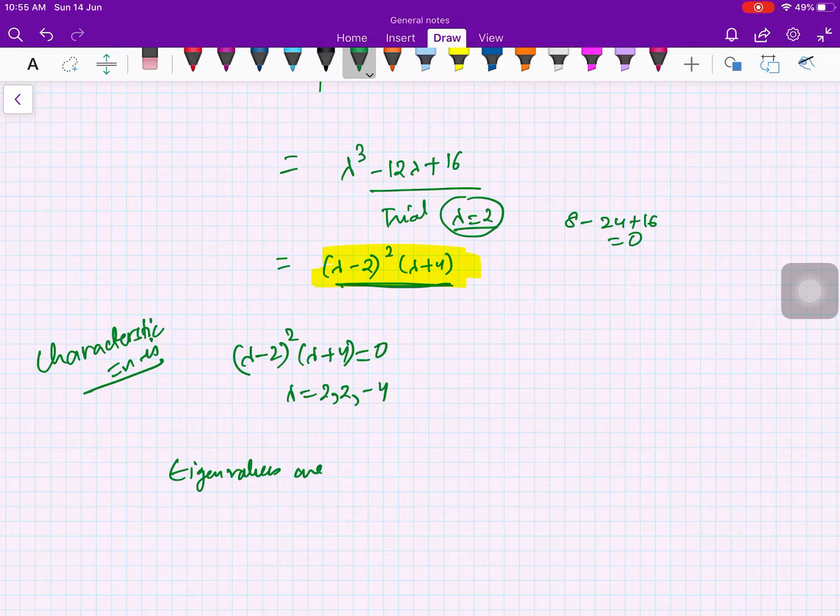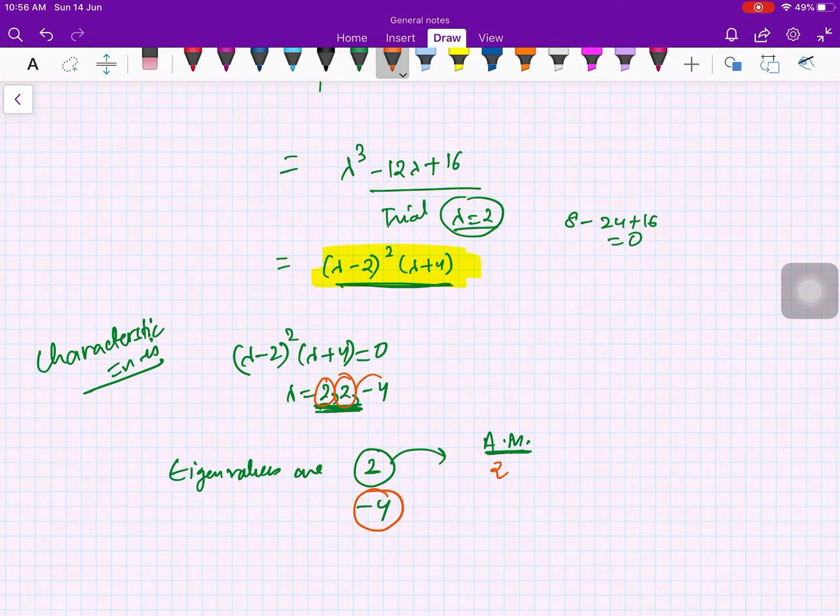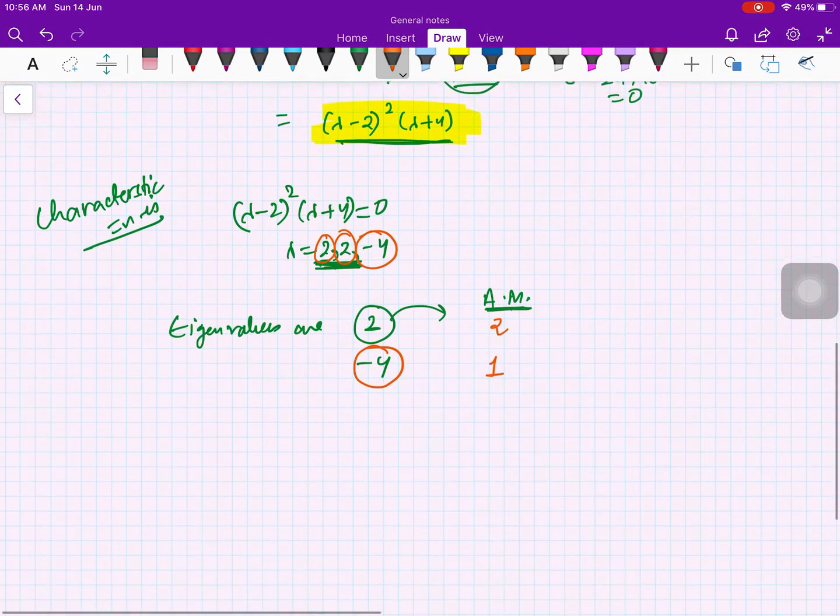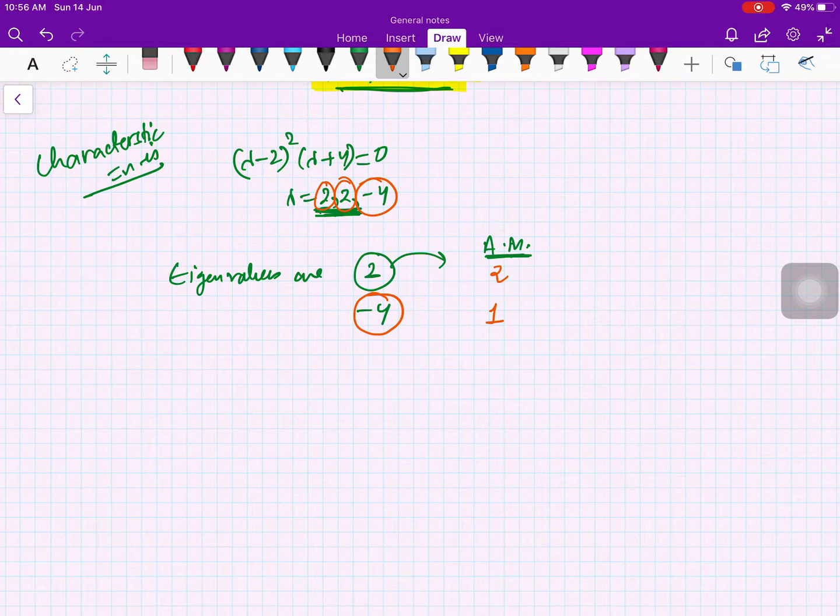The eigenvalues are 2 and minus 4, and 2 is an eigenvalue 2 times. Algebraic multiplicity is defined as the number of times an eigenvalue is a root of the characteristic equation. Here the eigenvalue 2 is repeated 2 times, so its algebraic multiplicity is 2, and eigenvalue minus 4 is repeated 1 time, so its algebraic multiplicity is 1.